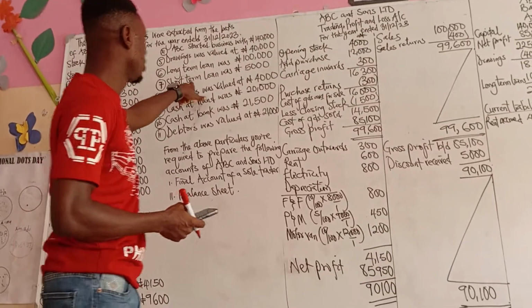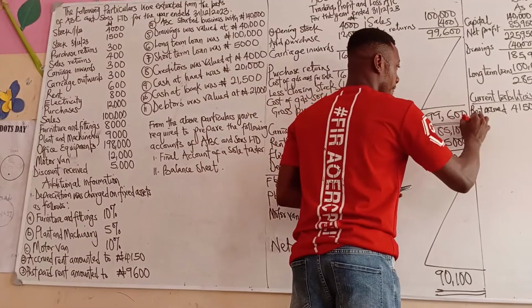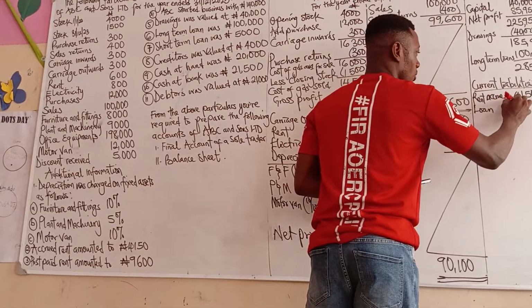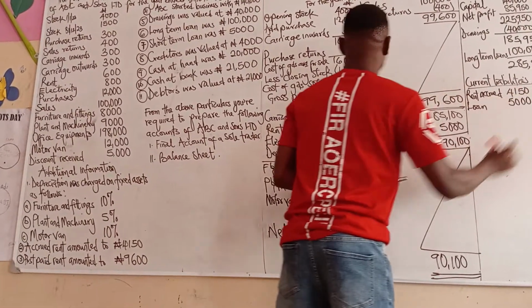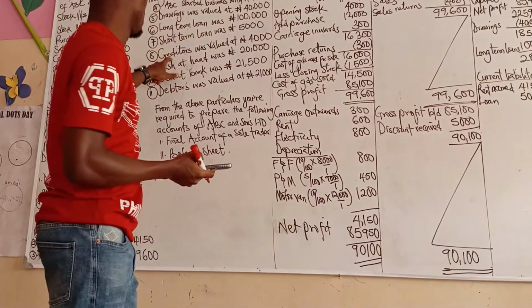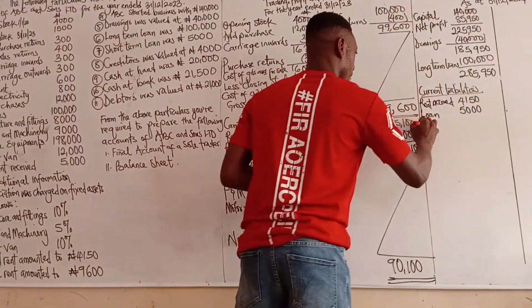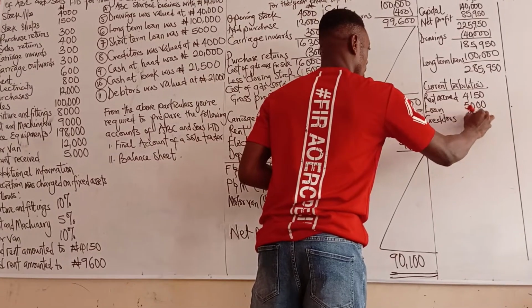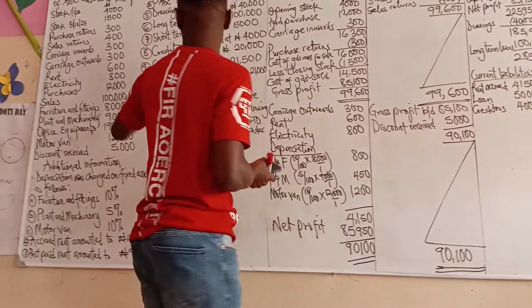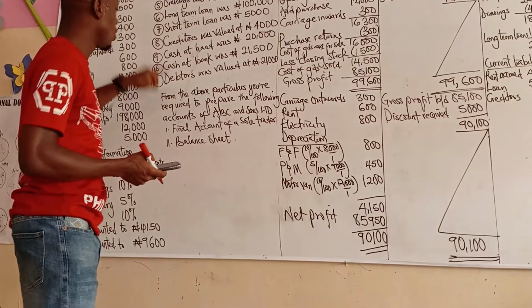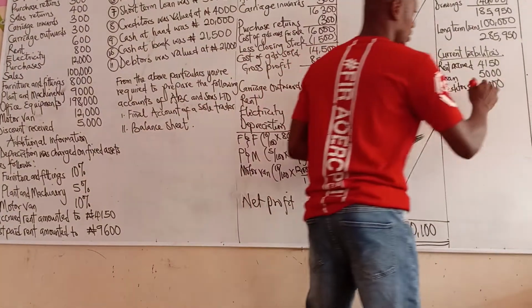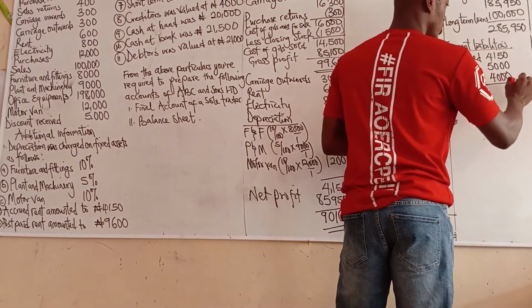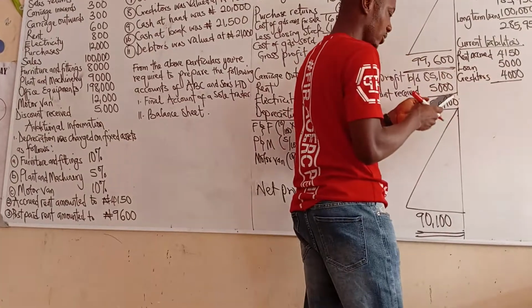Then prepaid is an asset, so it's not a liability. We have short-term loan 5,000. We have creditors, creditors is 4,000. Okay, these are our current liabilities. If we add these together, I'll bring my sum here.